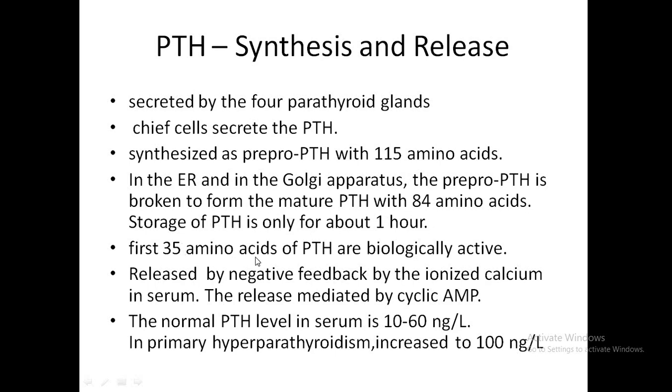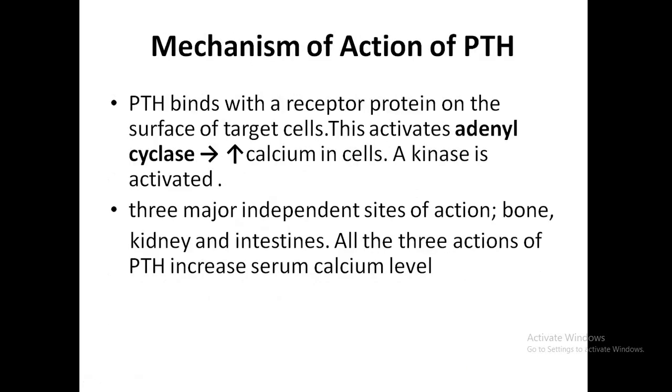The first 35 amino acids are the biologically active components of the PTH. It is released by negative feedback by ionized calcium in serum. As the serum calcium increases, the PTH release decreases, and the release is mediated by cyclic AMP. Normal PTH levels are between 10 to 60 nanogram per liter, and in primary hyperparathyroidism it increases to 100 nanogram per liter.